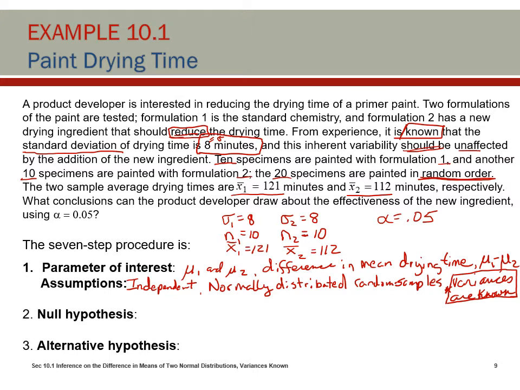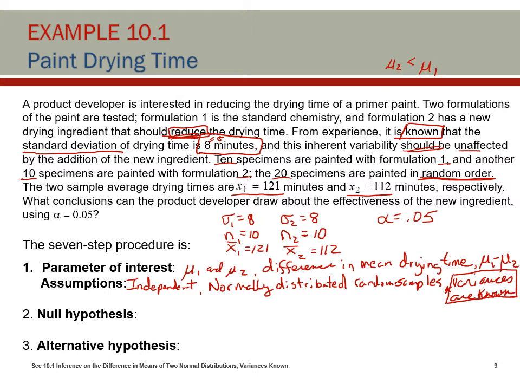Now, our null and alternate hypothesis. We saw up here that we wanted this second formula to reduce the drying time. So we want mu2 to be less than mu1. That's what we're trying for. We want to reduce with the second formulation. Never, ever start with the 2 first. If you do, it will change all the other formulas.